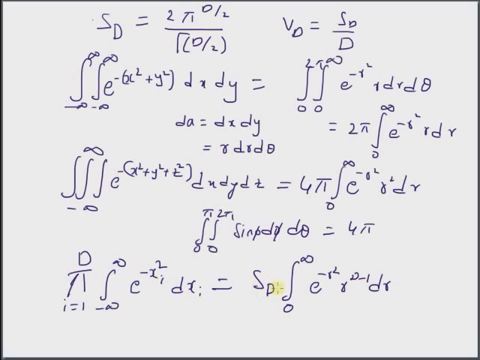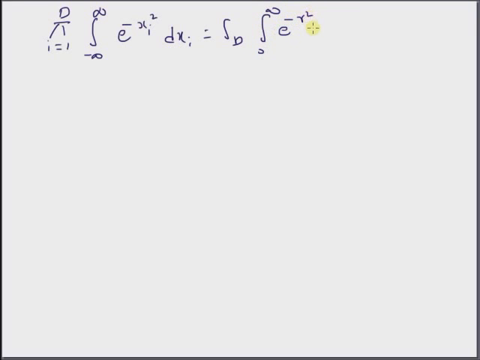So now our goal is to find this Sd, and this should be the surface area of the unit sphere in d dimensions. So given the following integral, that is product from i equals 1 to d integral minus infinity to plus infinity e power minus xi square dxi equals Sd integral 0 to infinity e power minus r square r power d minus 1 dr. So now we know this.